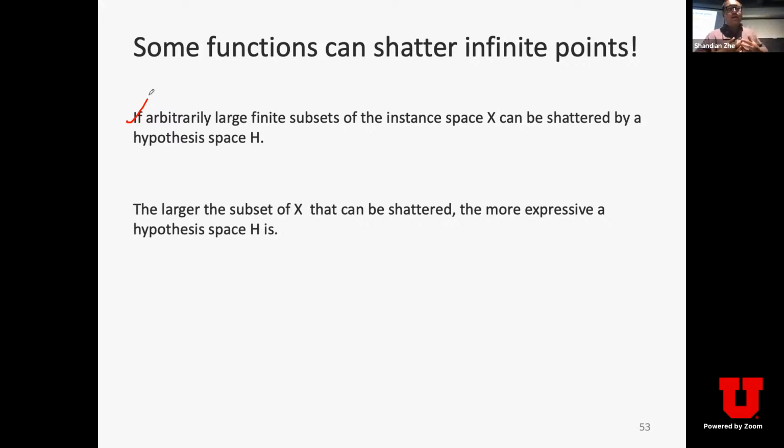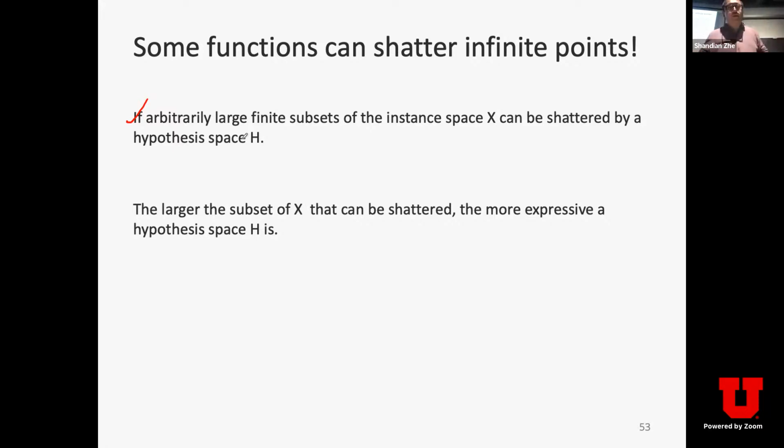If arbitrarily large finite subsets of some instance space X can be shattered by my hypothesis space H, then we claim that our hypothesis space H can shatter infinite points. That's the definition.